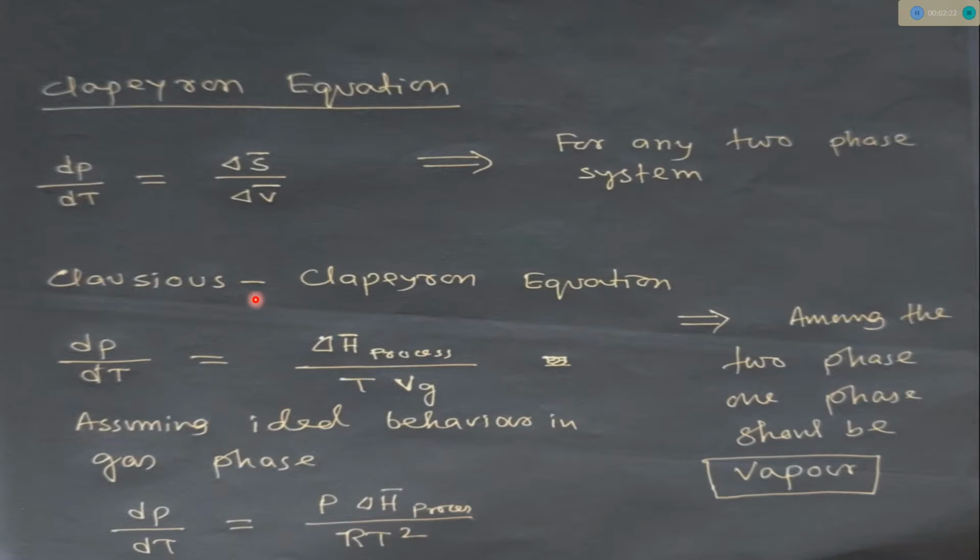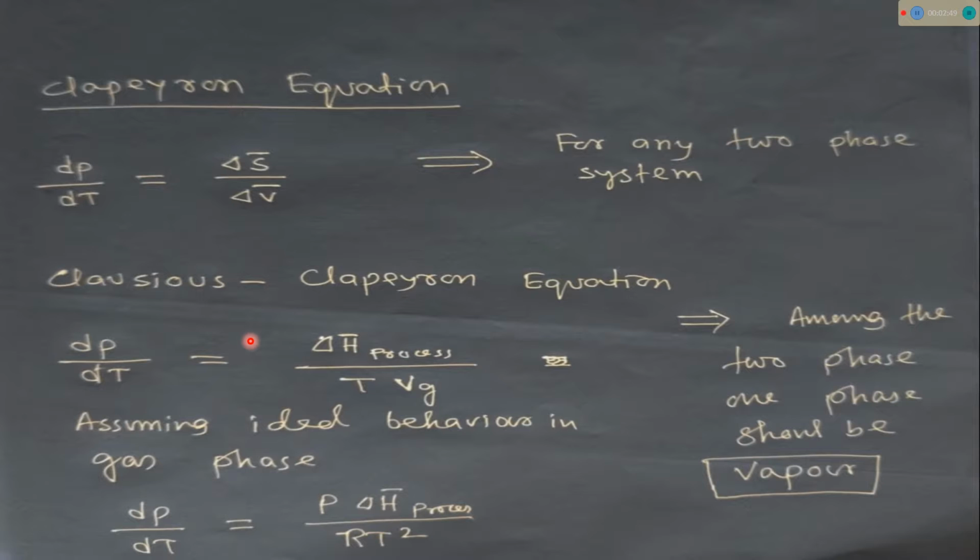But the Clausius-Clapeyron equation is applicable only when there is a gas phase. Among the two phases, one phase should be vapor or gaseous. Then we can use the Clausius-Clapeyron equation. Otherwise, for any two-phase combination, we can use the Clapeyron equation.